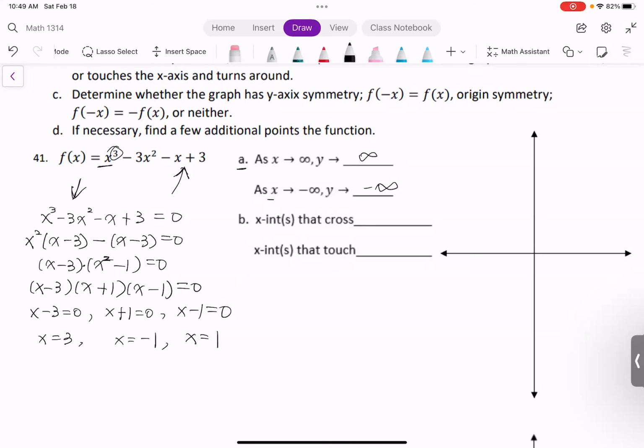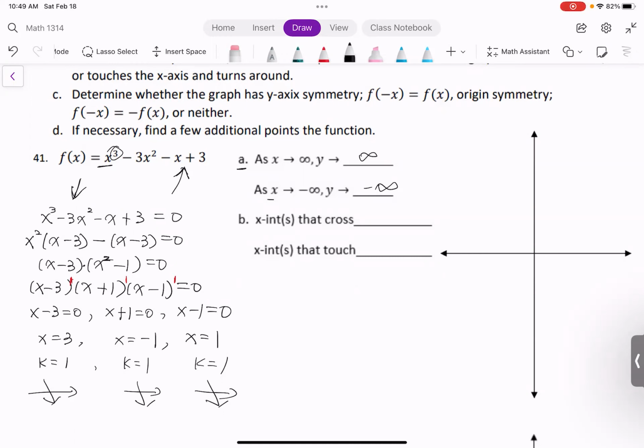Decide the multiplicity of these 3 points. Multiplicity means the power, and the power here is 1, 1, and 1. So the multiplicity k equals 1. That means at these points the graph crosses, because k is an odd number.